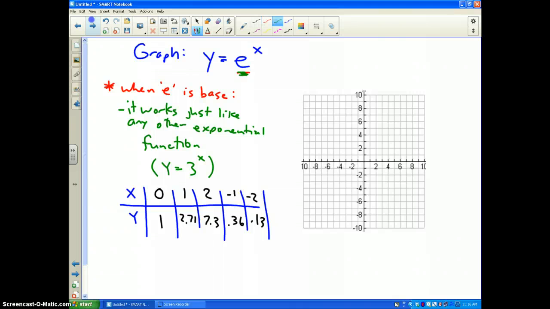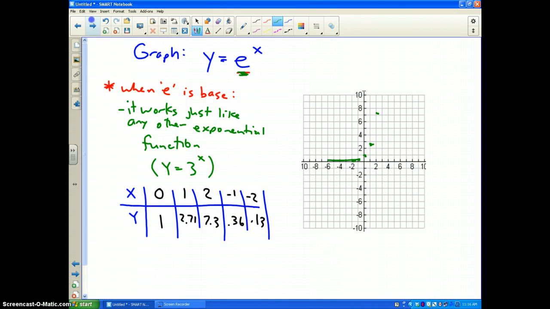So if I was to graph that, starting with negative 2, it's down here. Negative 1 would be about 0.3. 0 is at 1. 1 is at 2.71, which is about right there. And 2 is at 7.3, which is about right there.